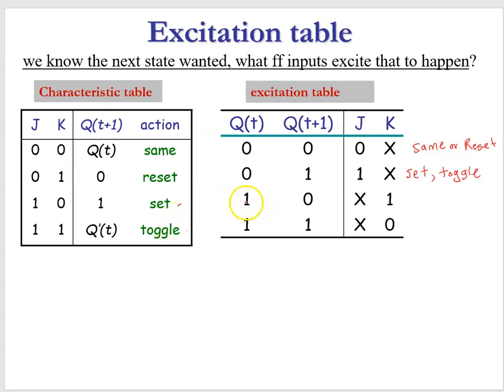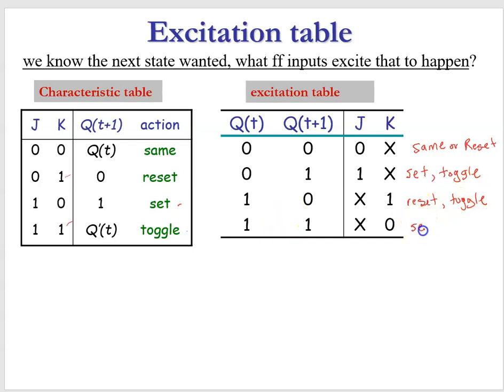Thirdly, if our present state is 1 and we want to go to state 0, that could be a reset or it could be a toggle. So reset and toggle: K is 1 in both situations, so our K must be a 1, but our J could be a 0 or a 1, so that's an X. And then at 1 to 1, that's set or same.